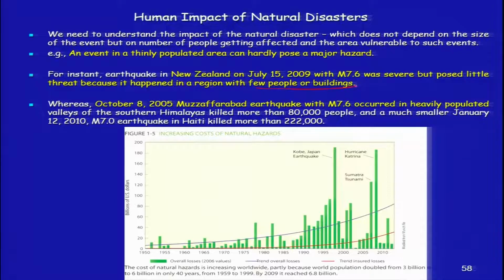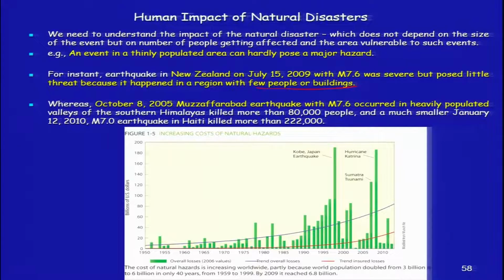So, these two factors remain very important. What we need to learn is, in a particular area, what will be the type of hazard, either flood or earthquake or tsunami, and what will be the population that is going to be affected by that particular event.